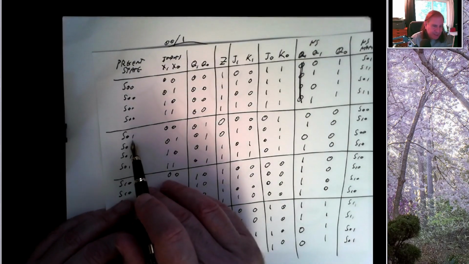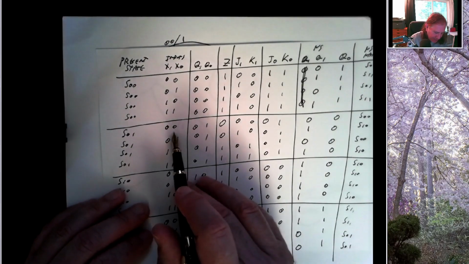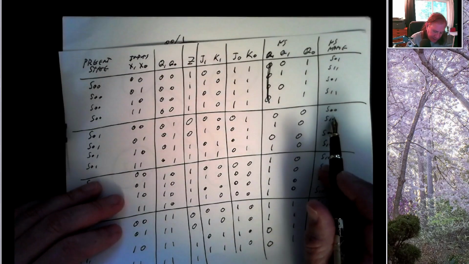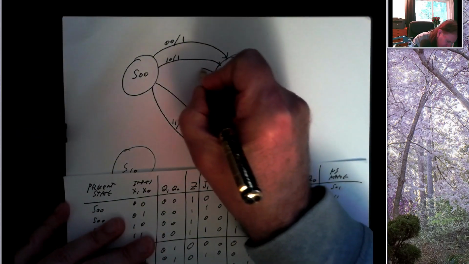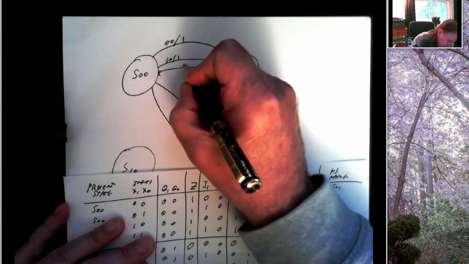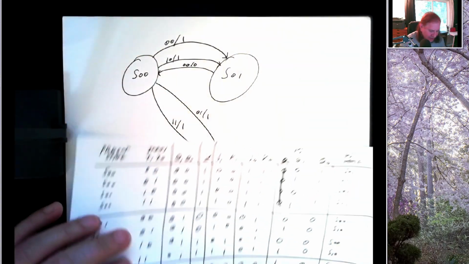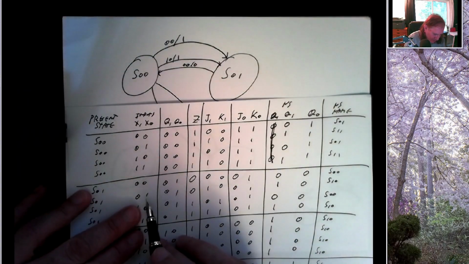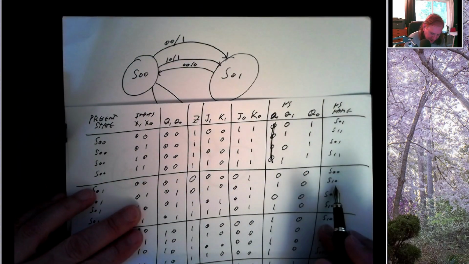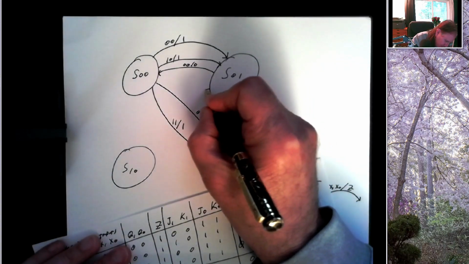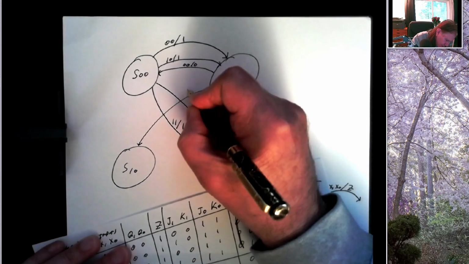Let's continue. If we're in state 0, 1 and we have a 0, 0, our new state is 0, 0, output is 0. So this is where we go with an input of 0, 0 and our output is 0. If our input's 0, 1, we go down to state 1, 0, and our output is 0. So 0, 1 with an output of 0.